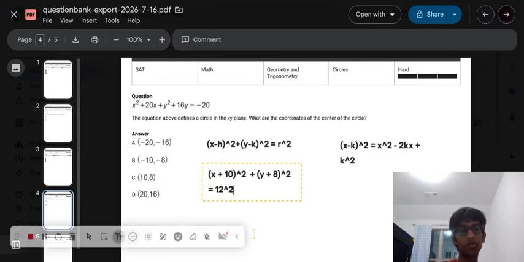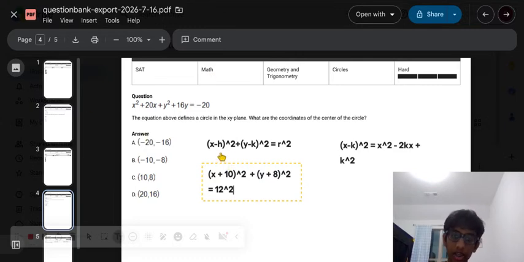Now, we had already solved this question using this right here. But our radius, which is r, is 12, so we're getting additional information. I'm just telling you guys in case it asks you, what is the radius of the circle. But anyways, remember, h is our x value of our coordinate, and k is your y value.